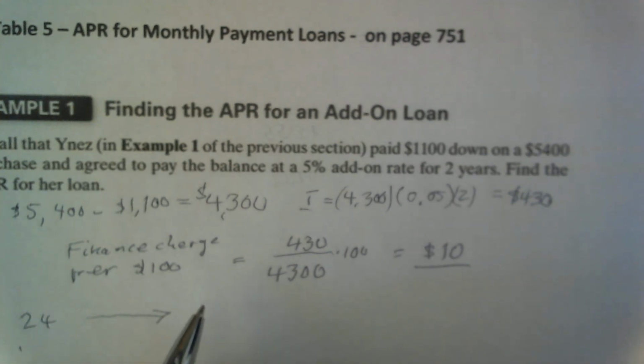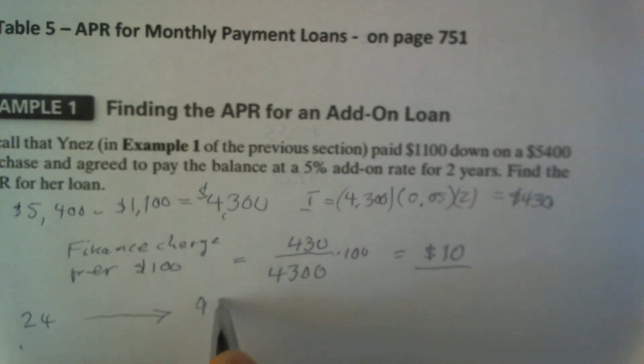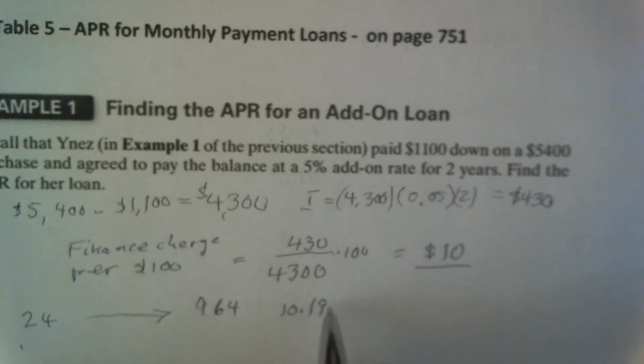But as you see, there is no $10, but there is 9.64 and 10.19. Now 10.19 is closer to 10, and when you look up, you find the APR correspondingly as 9.5%.